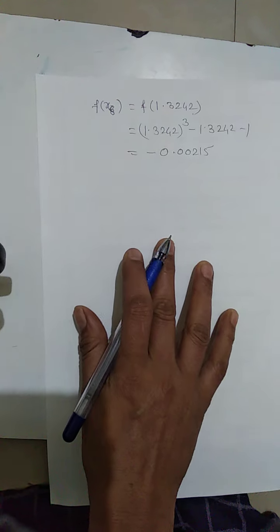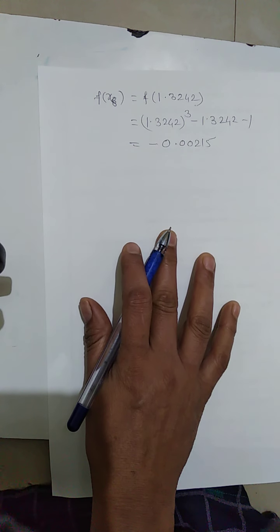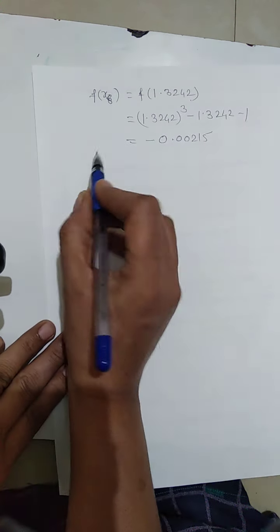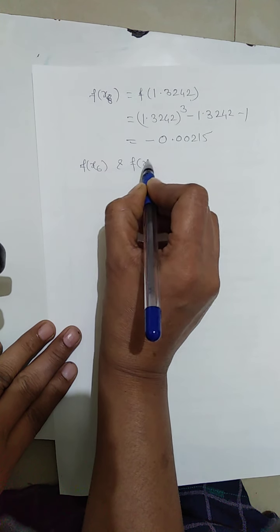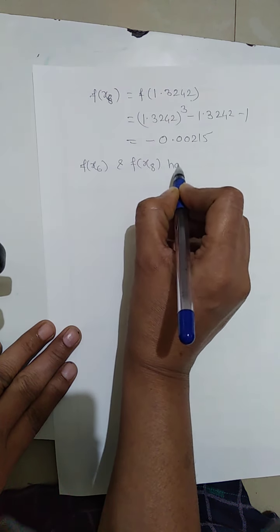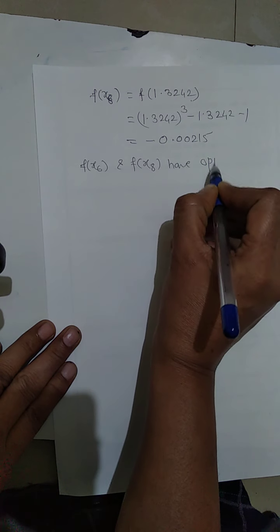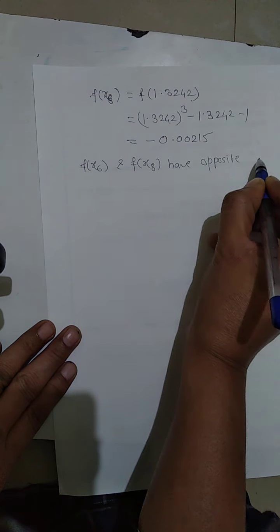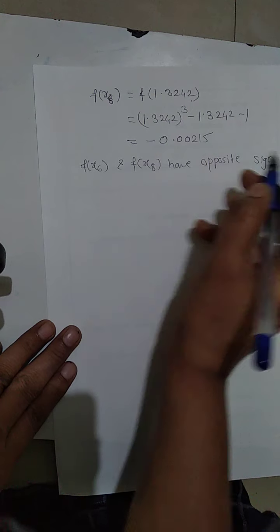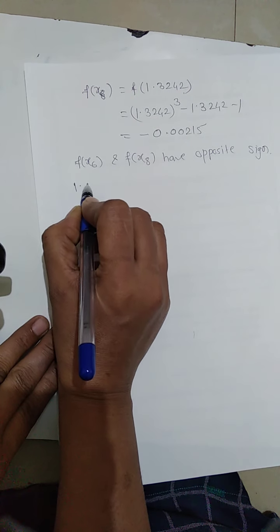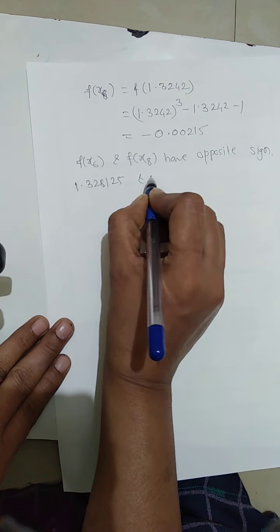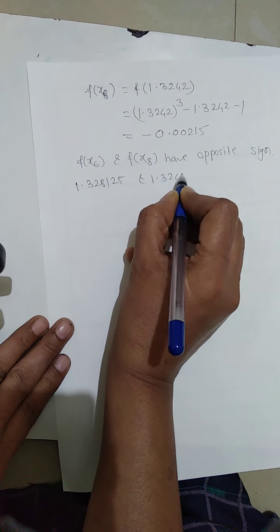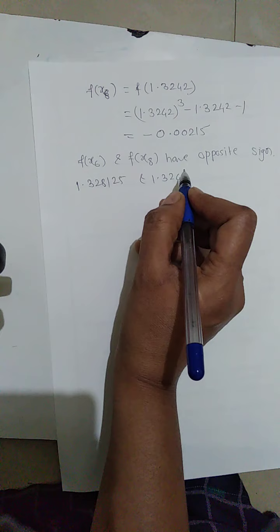After calculating, the value is minus 0.00215. Here again we see that f of x6 and f of x8 have opposite sign, and hence the root lies between 1.32825 and 1.3242.